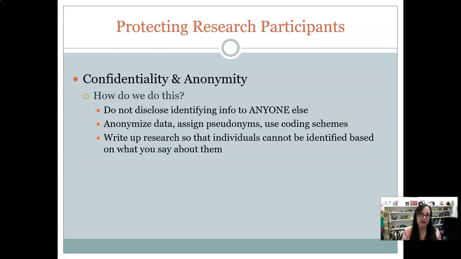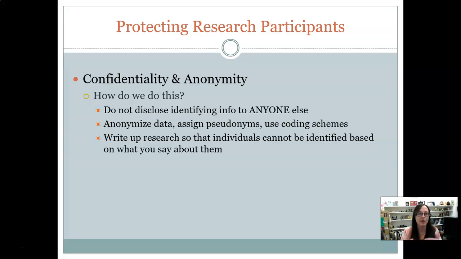But also something that researchers often do is they anonymize their data. They can use pseudonyms, they can use coding schemes, but especially if you're using quantitative data, so you're getting information from a lot of different people, then if you anonymize that and randomize it, and there's no way you would be able to tie back who was who and who said what, then you can't give any more information, even if you're subpoenaed, or even by accident, you can't release this information because it's all anonymized.